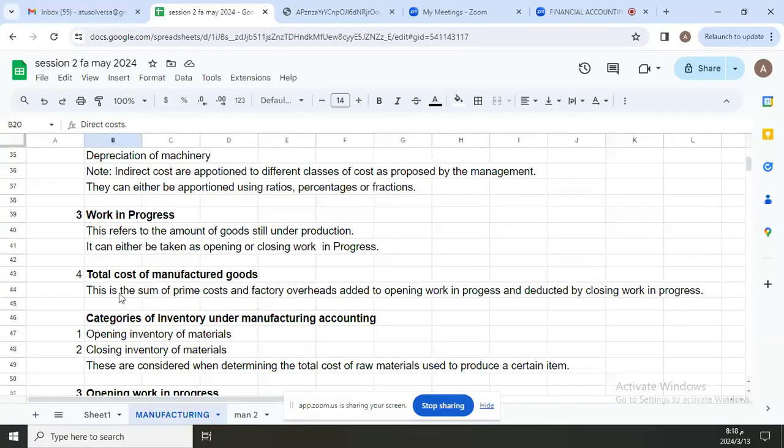Down here, you see our note for total cost of manufactured goods. Can you see my screen? I can see it is the sum of the prime cost and the factory overhead, added to the opening work in progress, and deducted by closing work in progress. Okay, I now get it. This is what we had done. Thank you.